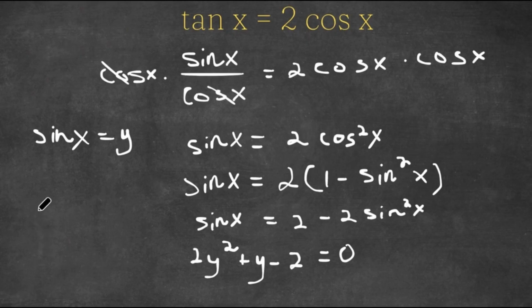And this means that if we plug this into our quadratic formula, we get y is equal to -1 plus or minus the square root of 17 over 4.